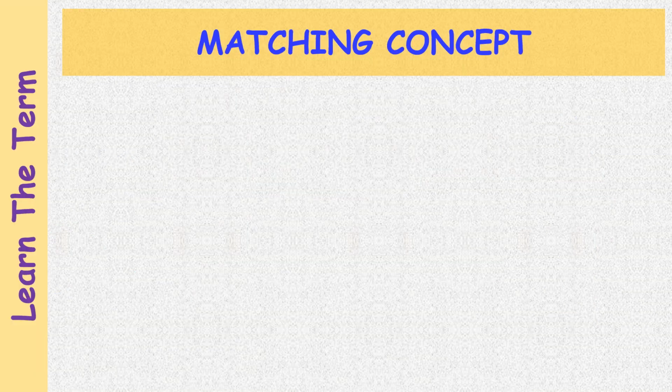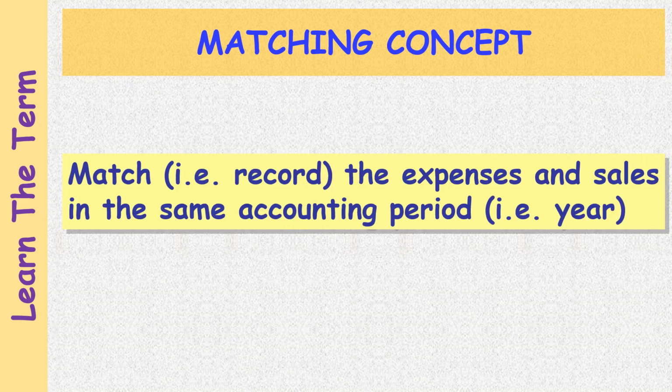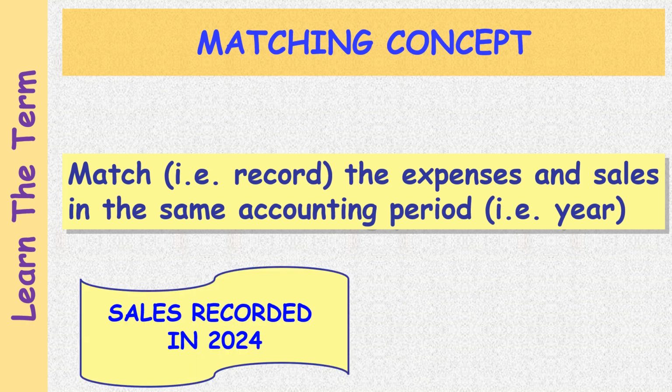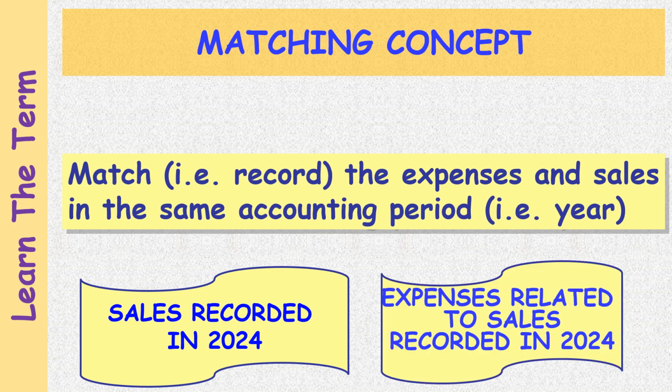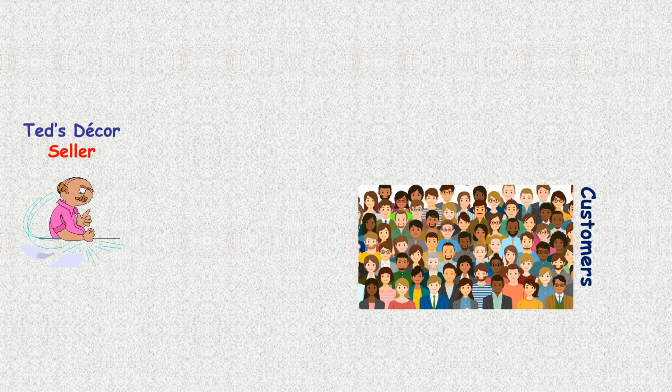The reason is the matching concept in accounting. The matching concept tells us that we need to match, that is, to record the expenses and the sales in the same accounting period. So that is the important thing.